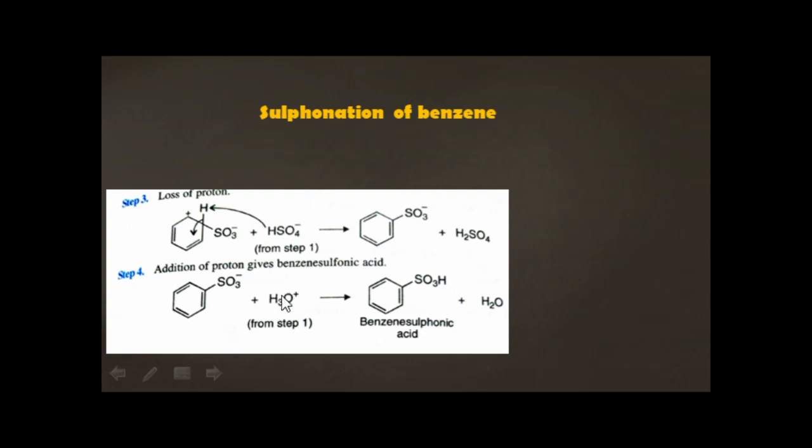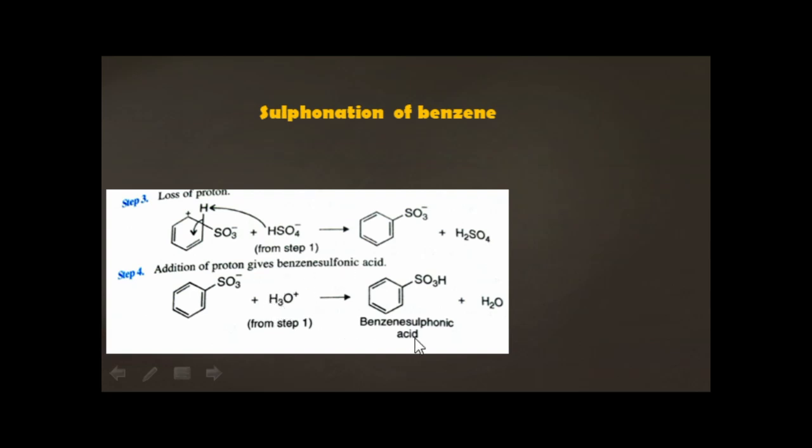Upon addition of a proton, it forms benzene sulphonic acid. So in SO3 minus, at this place, H plus gets added. This H3O plus and HSO4 minus, these two ions are from step 1. So in step 3 and step 4, these will react, leading to the formation of the product.